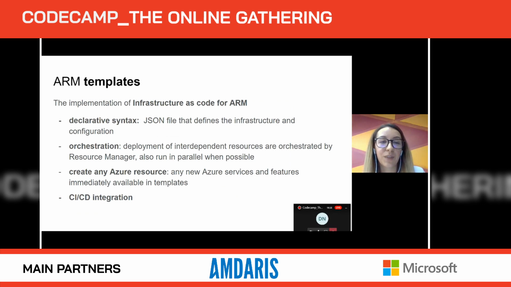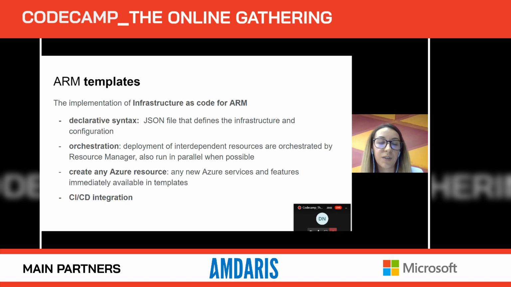So what are ARM templates? They are basically the implementation of infrastructure as code in Azure, for the Azure Resource Manager. It is basically a JSON file that defines the whole infrastructure and the configuration. It has a big advantage in that it is a declarative syntax as opposed to old imperative scripts.